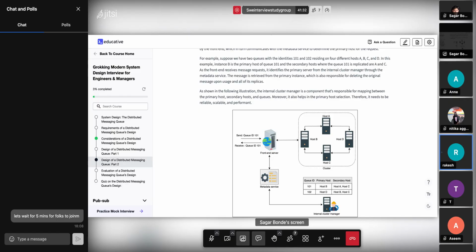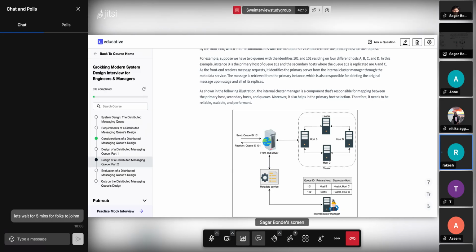For example, suppose we have two queues with identity 101 and 102 residing on four different hosts A, B, C, and D. In this example, instance B is the primary host of Q101, and the secondary hosts where Q101 is replicated are A and C. As the front end receives a message request, it identifies the primary server from the internal cluster manager through the metadata service.